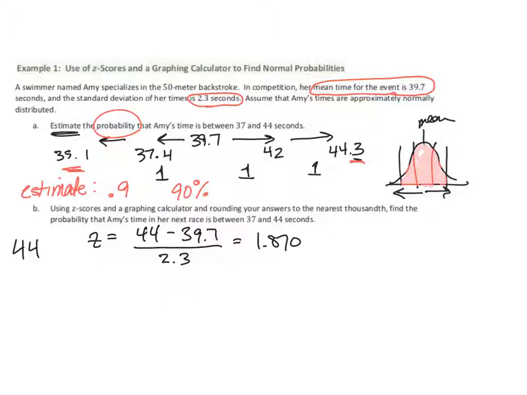And let's do it for 37. So 37 minus the mean over the standard deviation, and we get negative 1.174. Sorry, my pen's all messed up. Cool. All right, we have these two z-scores.